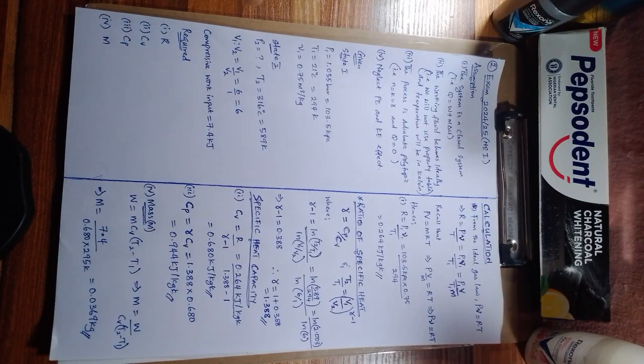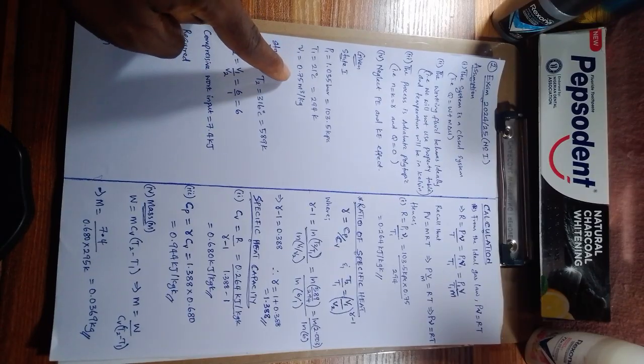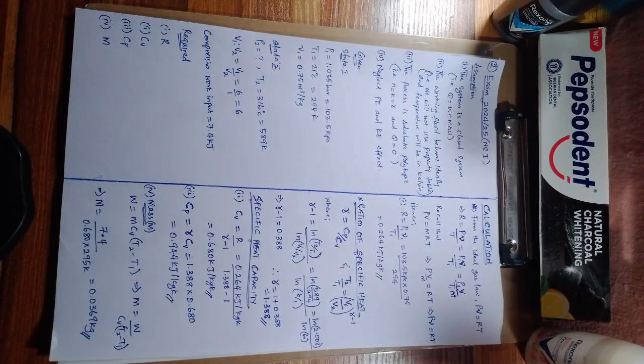And specific volume, please remember, volume is different from specific volume. Volume is an extensive property, and its SI unit is what? A meter cube. But all extensive properties are expressed per unit kg. So our specific volume is given as 0.75 meter cube per kilogram.